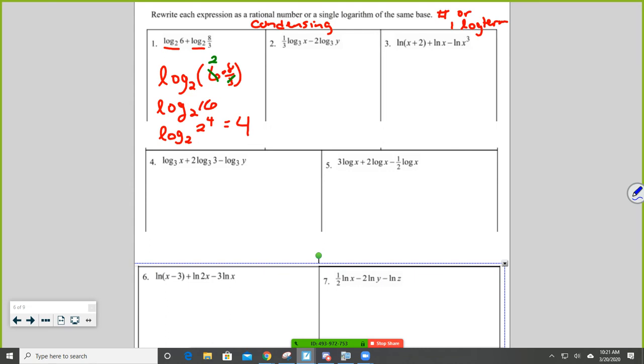What you have to do, and I'm going to have to erase this, is if your base is the same thing as your argument, the big number right here, the 6 or the 8 over 3, then whatever the power is up here, I'm just going to call it A. If these two match, it's almost like they reduce each other down, like they cancel each other out. Your answer just ends up being the exponent. So my 4 was up in the exponent. Because those two matched, all that goes away, and I'm just left with a number up top. Okay?